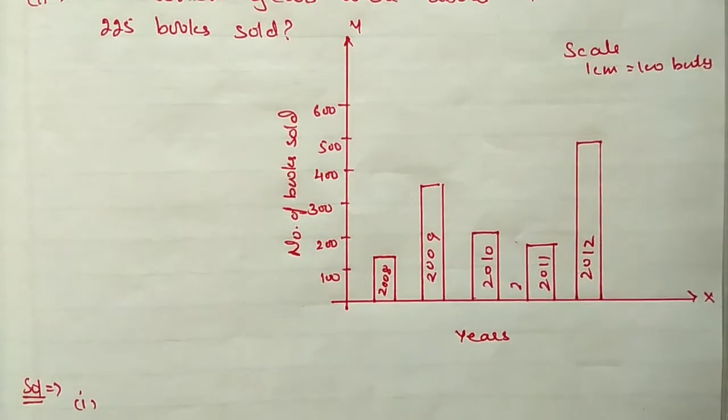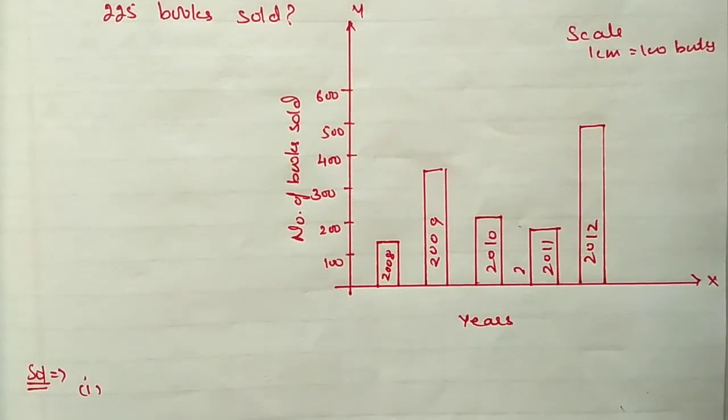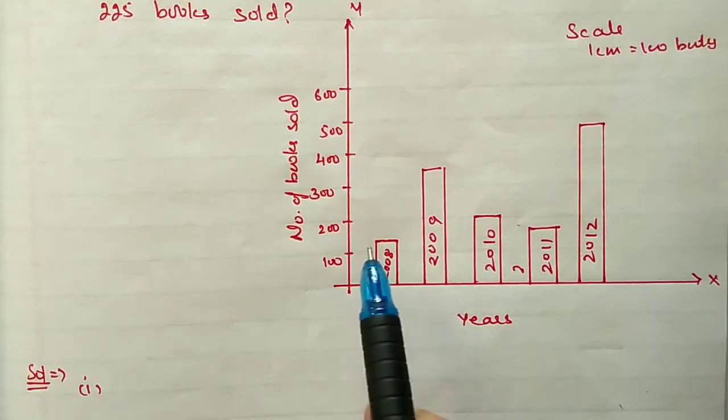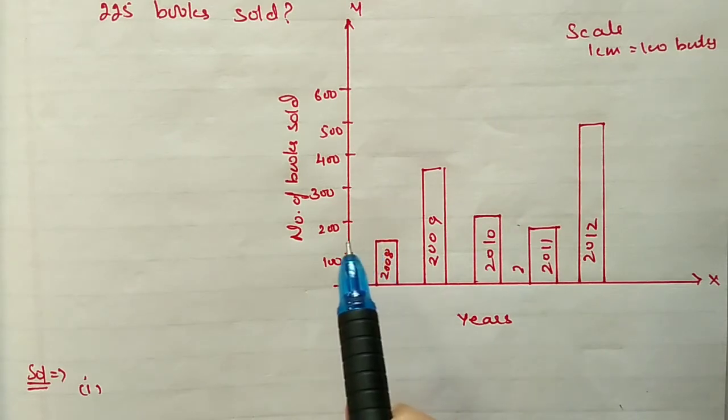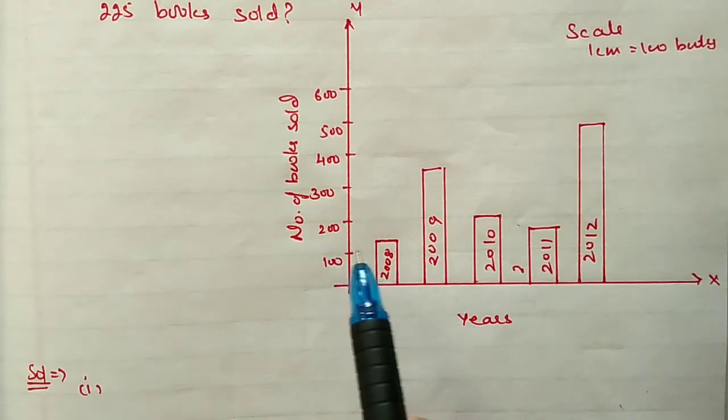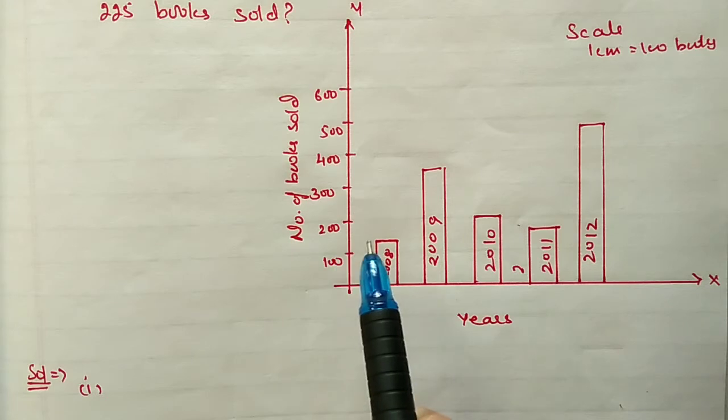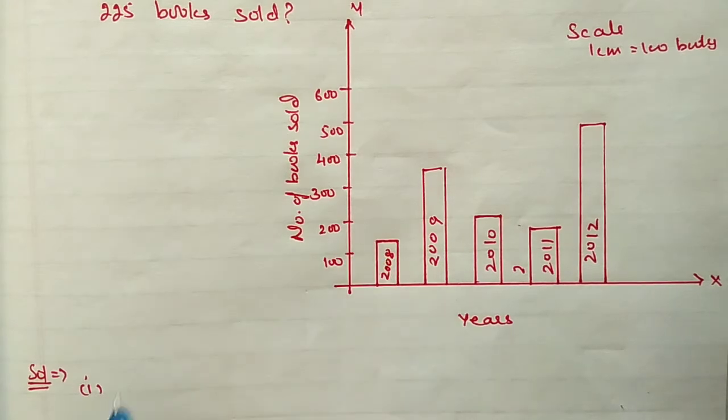So first, about how many books were sold in 2008. So for 2008 we have to check like this, because they have not given it here properly. So on average we can write here, it is coming around 140.